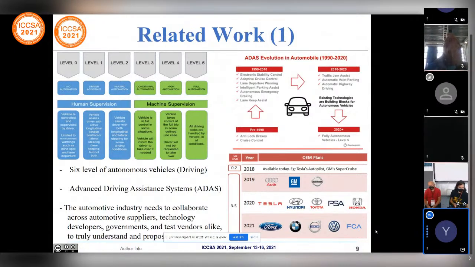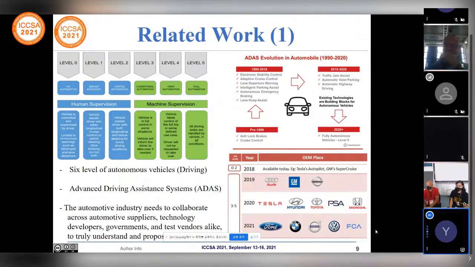Level 2 is partial automation, with human supervision. Level 3 is conditional automation. Level 4 is high automation, and level 5 is full automation with machine supervision, so all driving tasks are handled by the vehicle in all conditions.